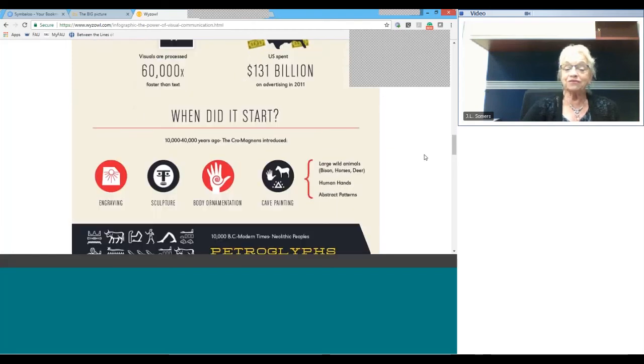A little bit of history on this, which I thought was pretty interesting. Cave people did the engraving. There was some sculpture, some body ornamentation in cave paintings.